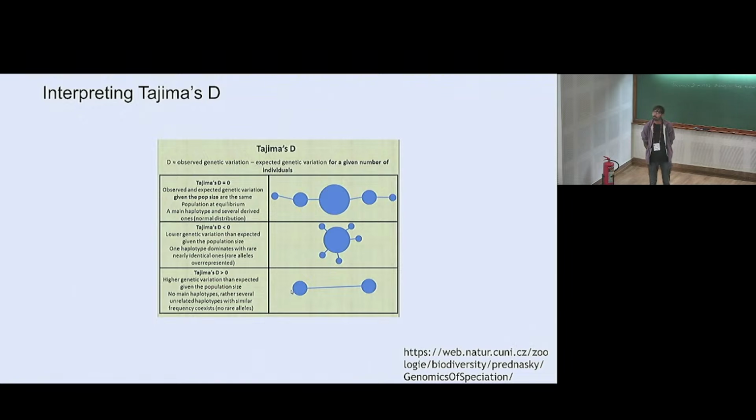Anything else? Does everybody know what disruptive selection is? Does anybody not know what disruptive selection is? You have to tell me, come on. Okay. Anything else? Any other form of selection that will make D positive here?